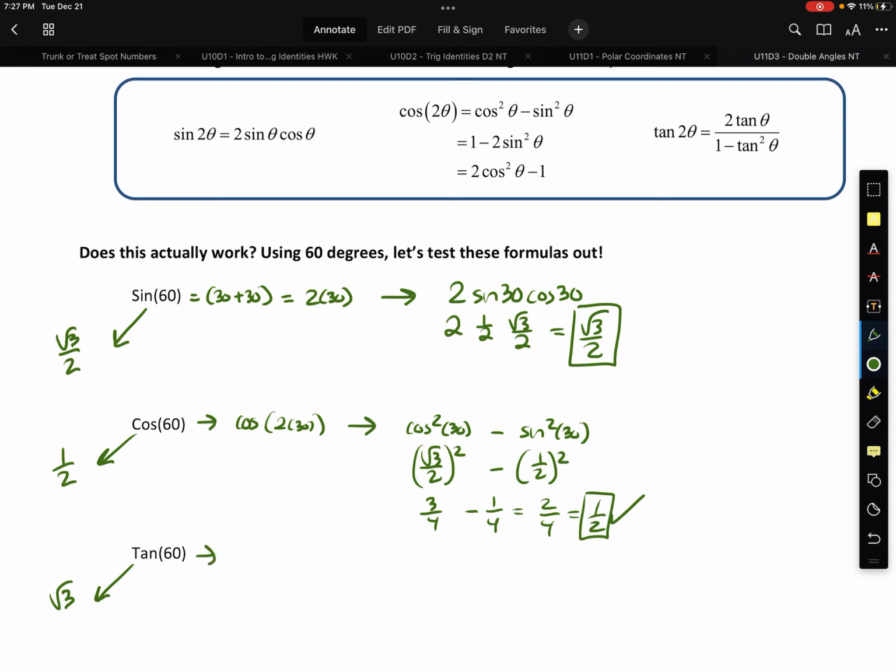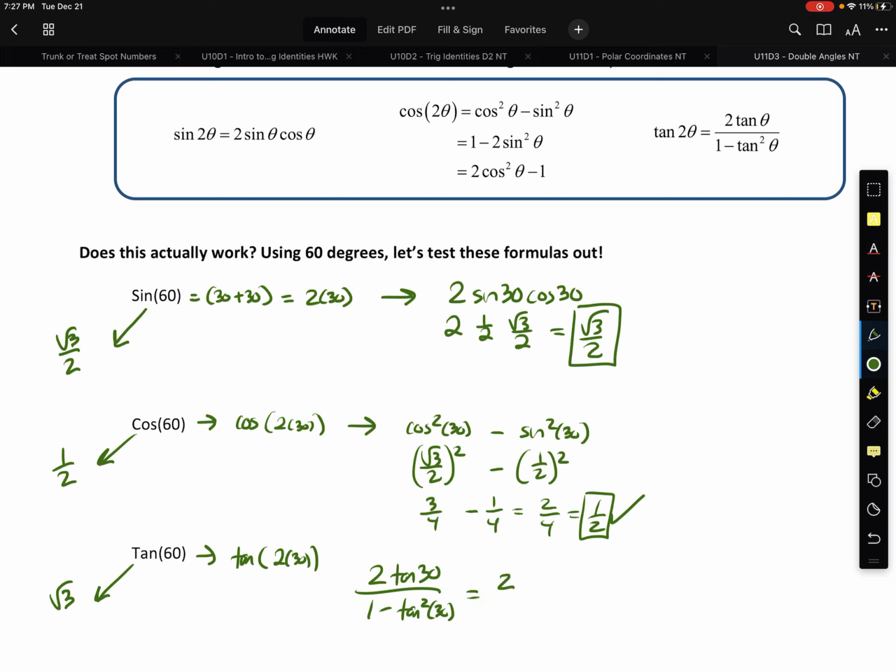All right, tan. Again, we have tan of 2 times 30, which gives us 2 tan 30 over 1 minus tan squared 30.